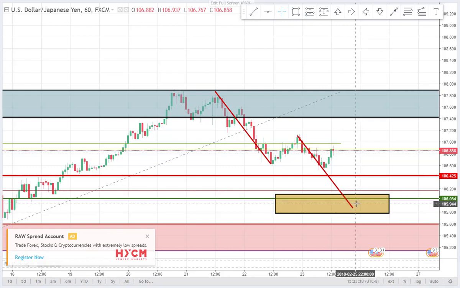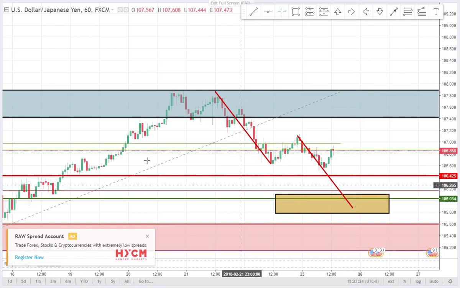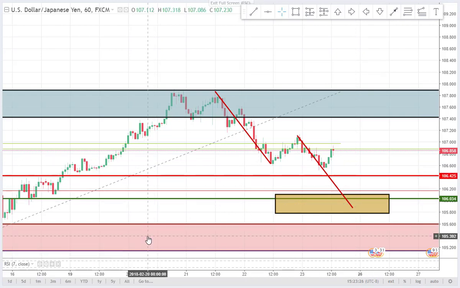So as I always try to emphasize week after week, we also want to have multiple reasons for an entry. As I always say, we're building a case for entry. After identifying our overall direction in the higher time frame, whenever we go down to a lower time frame, we just want to build a case for entry, meaning look for multiple reasons to enter a trade.